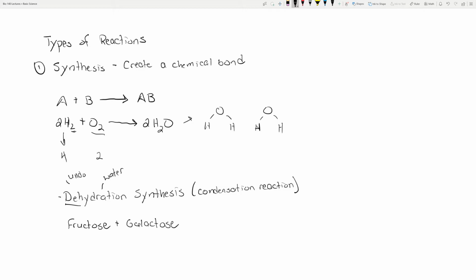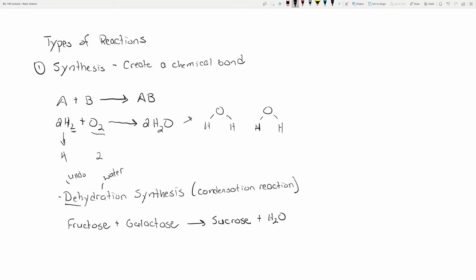These are what's called simple sugars. They're single sugars. If you react them together, and in doing so, you remove water, you get a substance called sucrose and water.